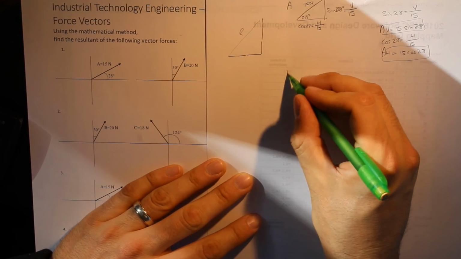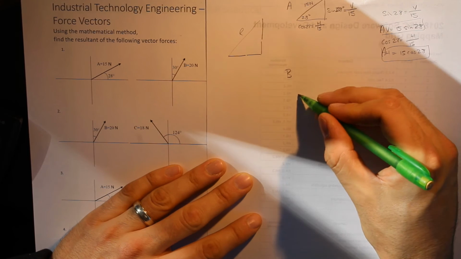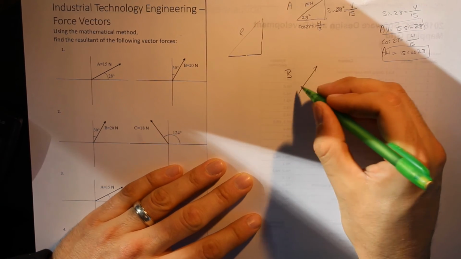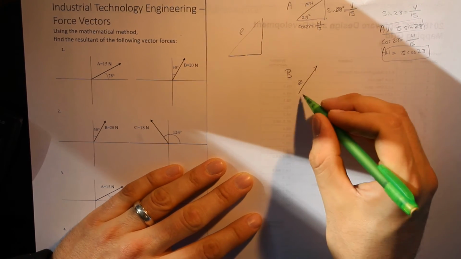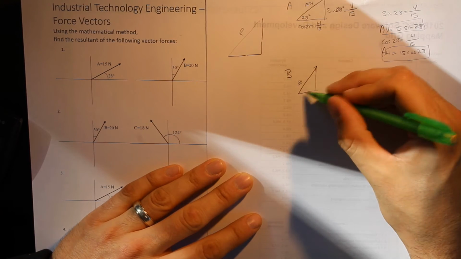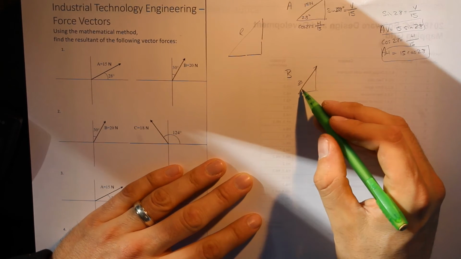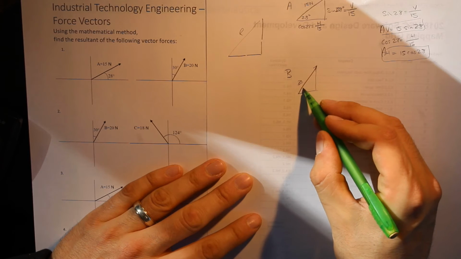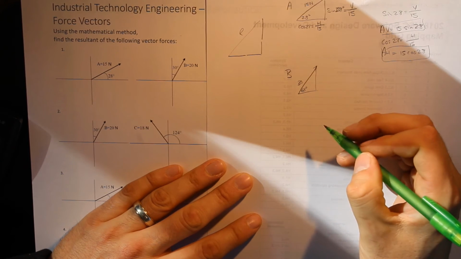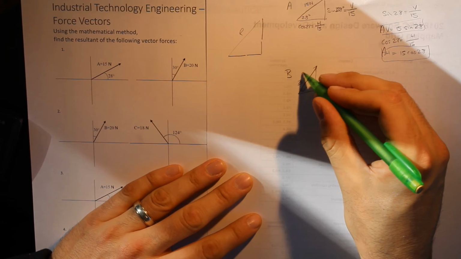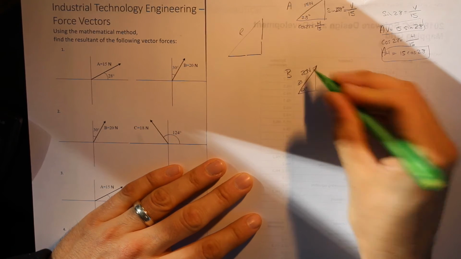If I look at vector B, I'm going to do the exact same thing, except in this one, I'm given this angle here. If I want to take this perspective, then all I need to do is apply some geometry skills and know that this is 60 degrees here. The magnitude is 20 newtons.